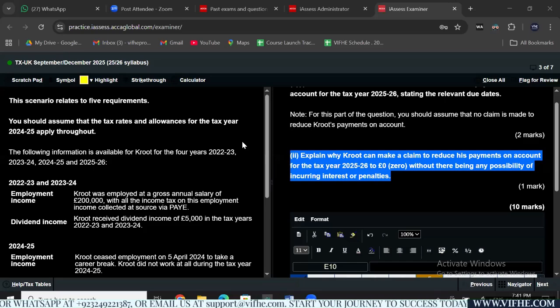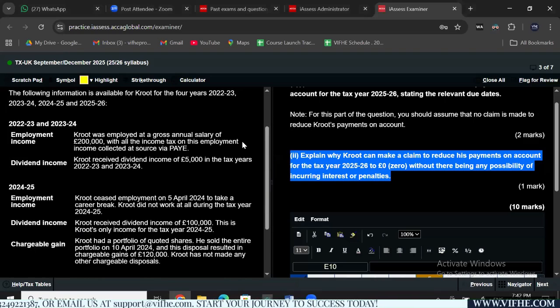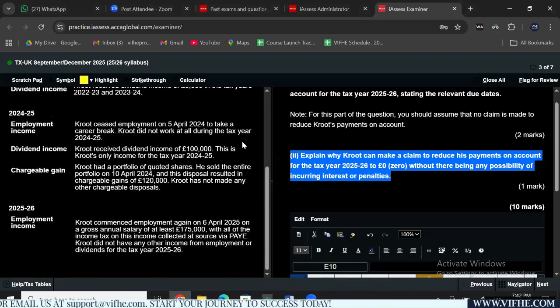And this is just 1 mark, and considering the information given in the question, what could be the most valid point to be mentioned over here? Though we can state both, as it is 1 mark, we should confine ourselves to only 1 point. And there's some specific information given in relation to 25-26 as well.